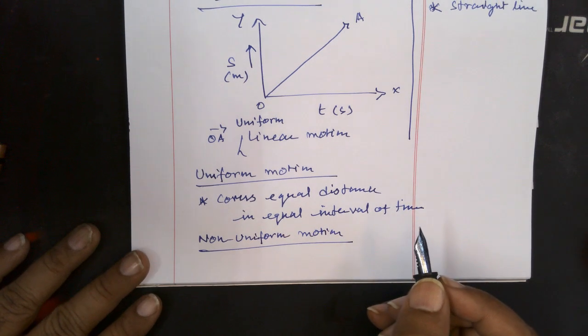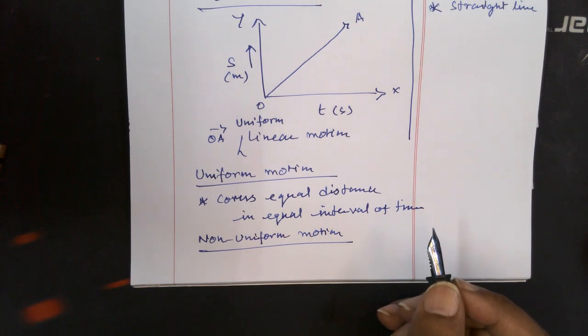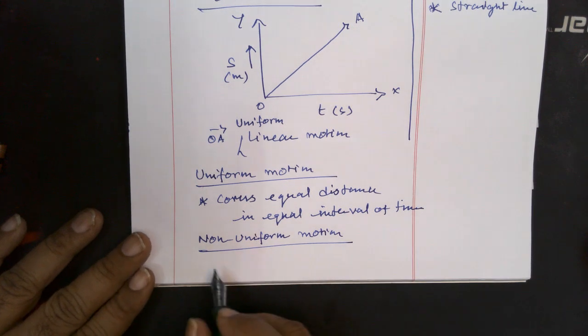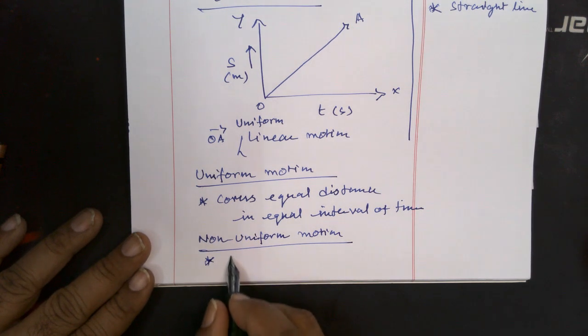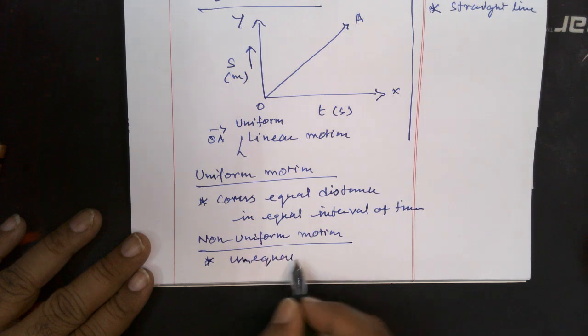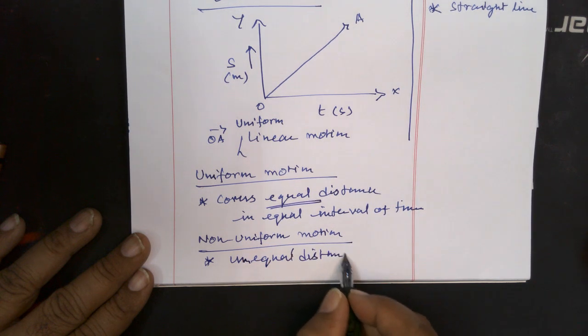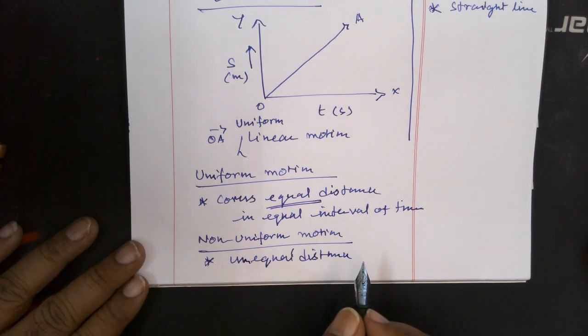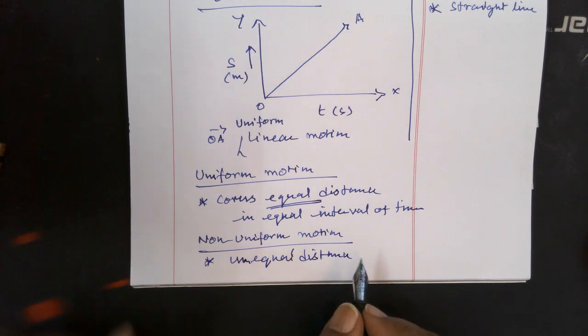The object covers unequal distance. In this case, equal distance. Here, unequal distance. Do you understand? In equal interval of time.